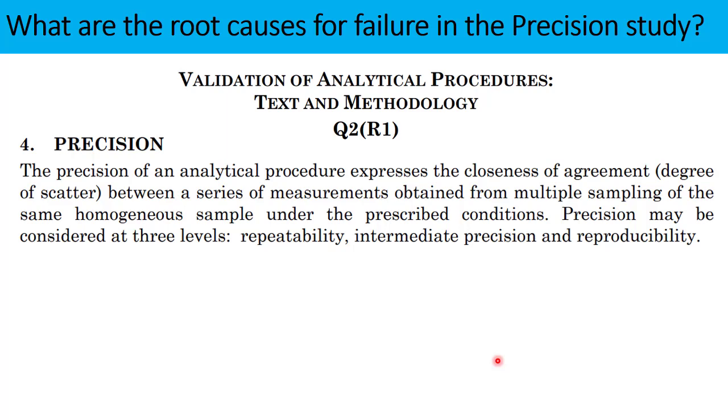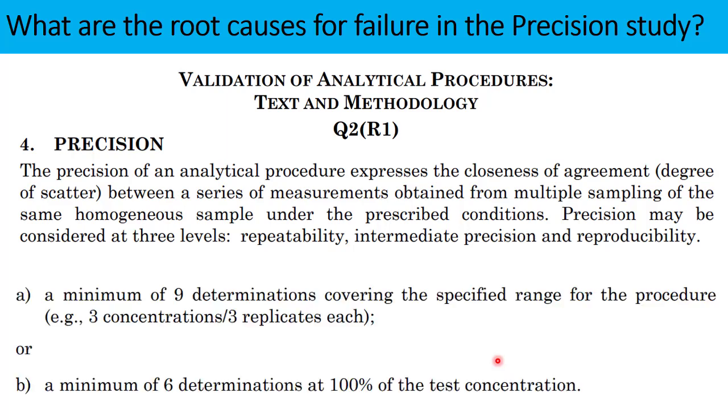If they are close to each other, then you can say, okay, I got a precise result. But in case the results are not close to each other, they are away from each other, then you can say now I got an imprecise test result. So that is the meaning of the precision study.